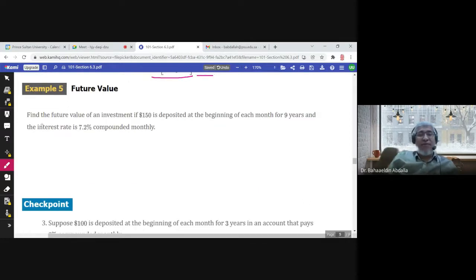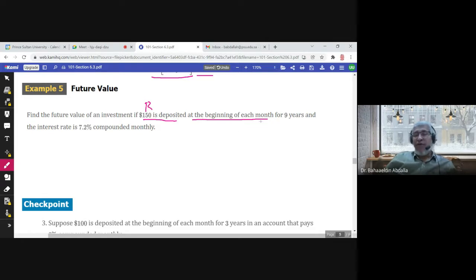So for example, find the future value of an investment if $150, this is R, is deposited at the beginning of each month for 9 years. When you see at the beginning, this is an annuity due. When you see at the end, it is an ordinary annuity.